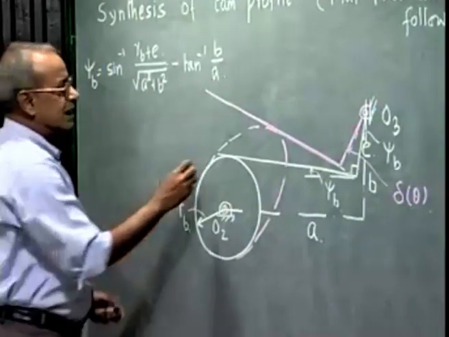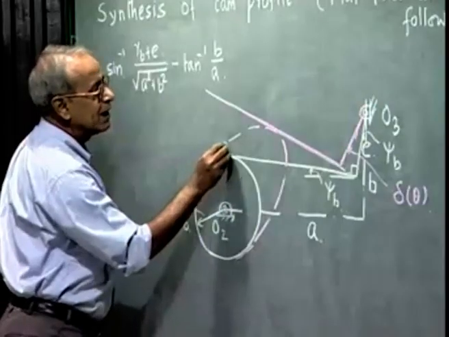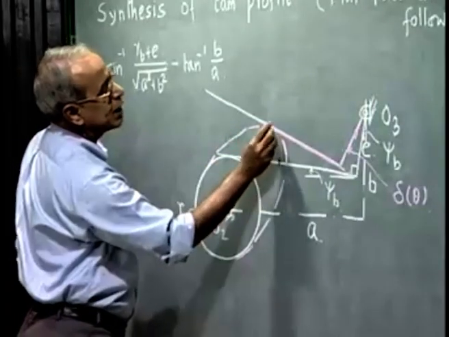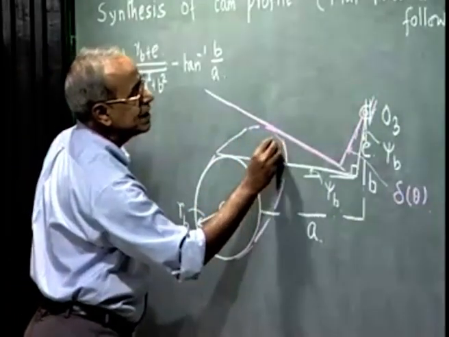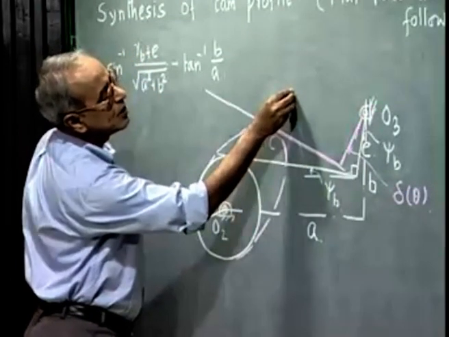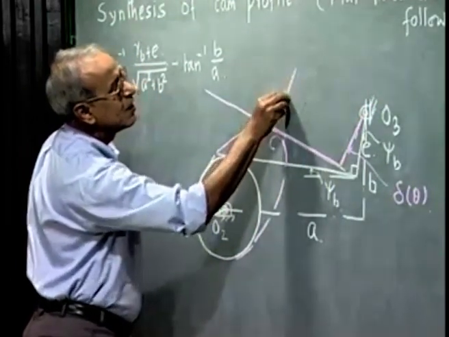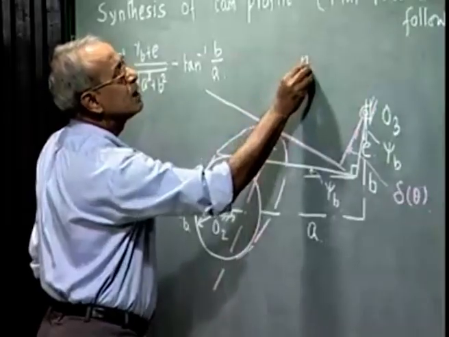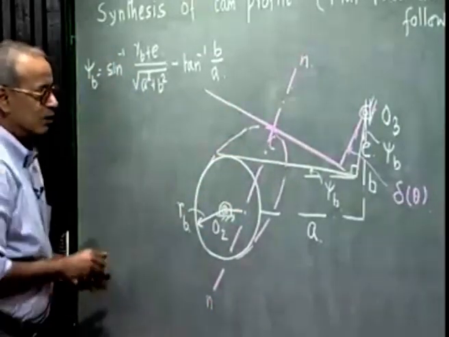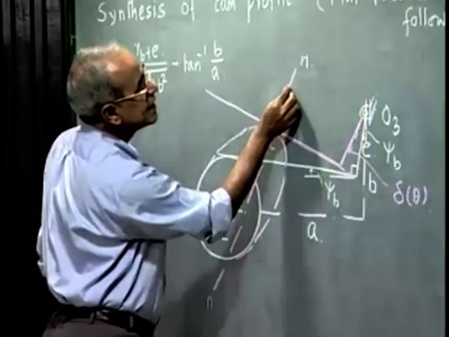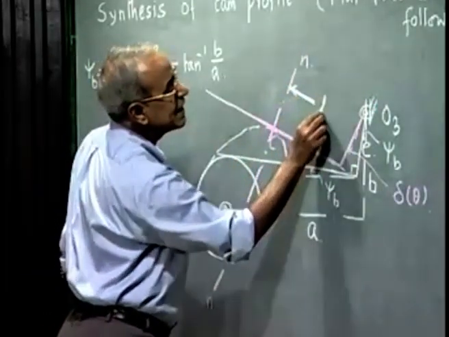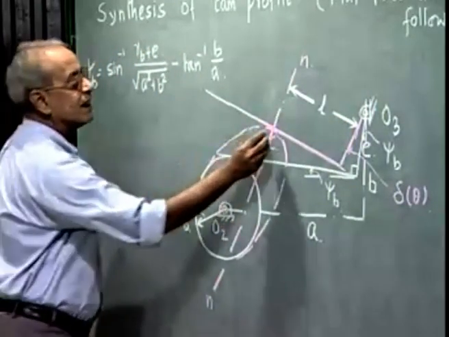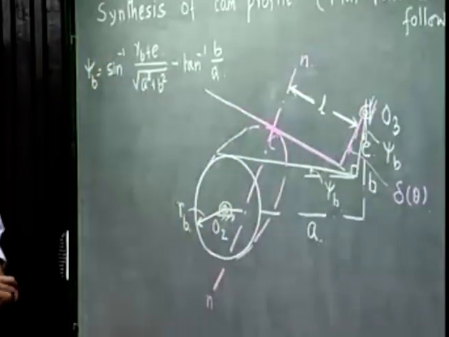So, this is the cam surface, the cam profile. We denote the contact point on the cam, let me call it C. This is the common normal between the cam profile and the follower surface, and let us say this distance is L, which keeps on changing as the cam rotates because the contact point shifts on the cam surface.